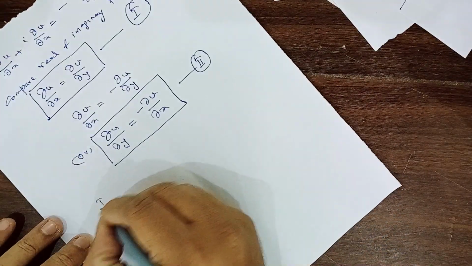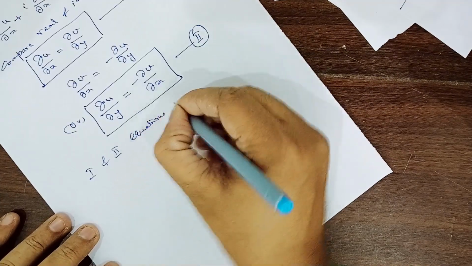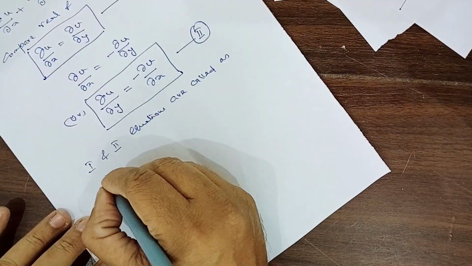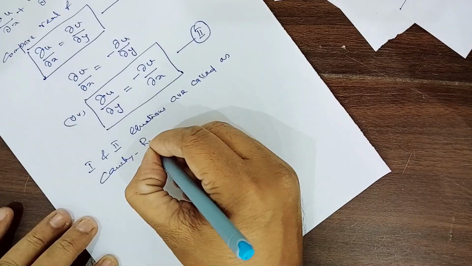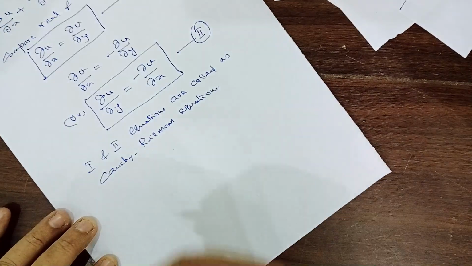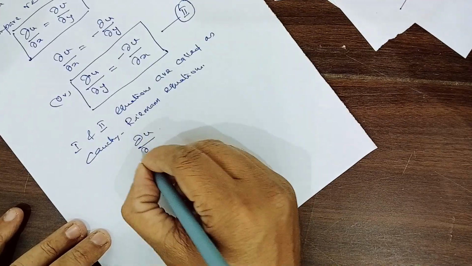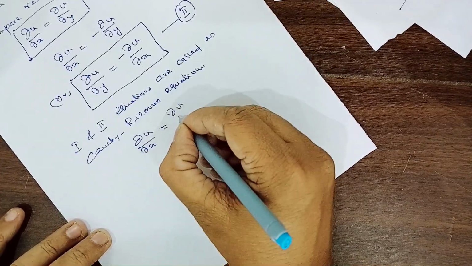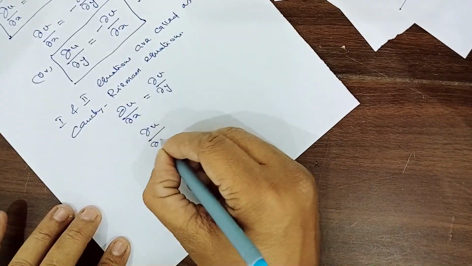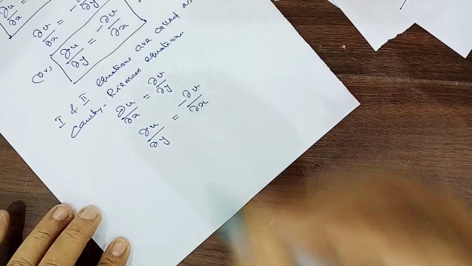These equations 1 and 2 are called Cauchy-Riemann equations. Therefore, the Cauchy-Riemann equations are dou u by dou x equal to dou v by dou y, and dou u by dou y equal to minus dou v by dou x.